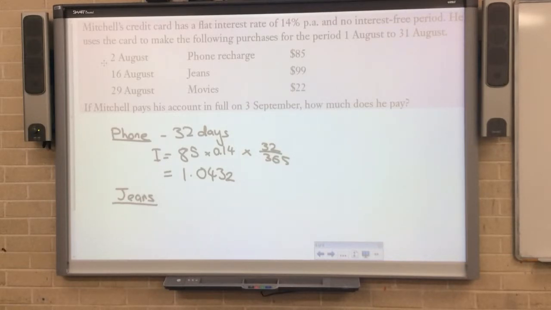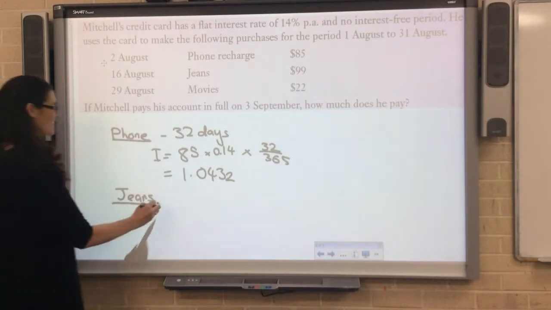Can we just work it out? It's 18 days because I'm doing 31 days in August. Okay, you got this? 31 minus the 16 days I didn't owe it, plus the 3 days in September that I have to pay before I pay it off. 18. Are you happy? Okay, so 18 days.